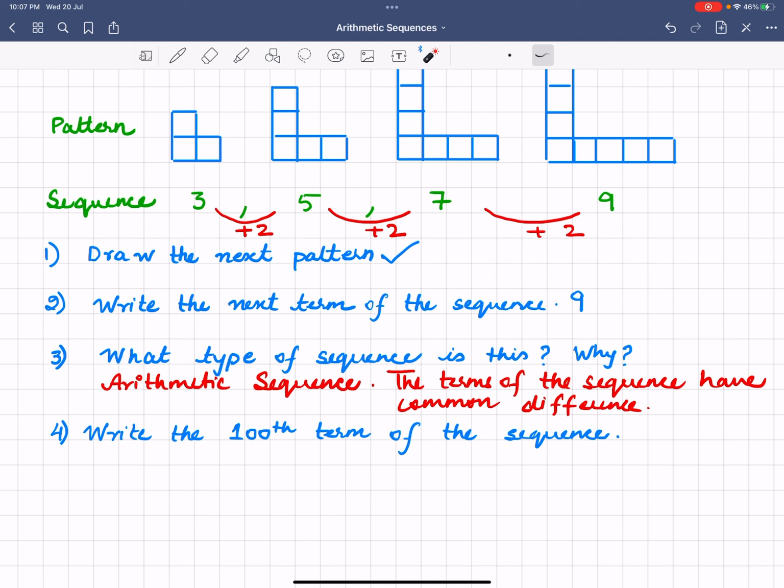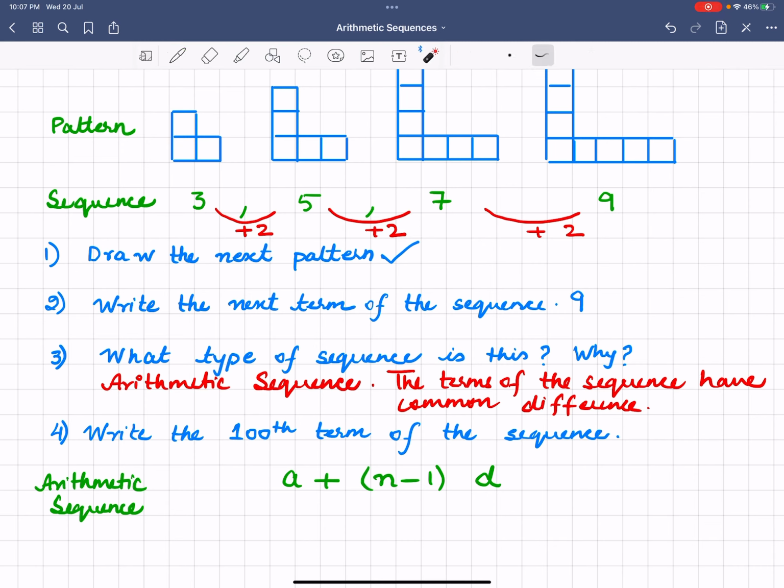We will just use the formula, and as we discussed earlier, the formula is a plus n minus 1 times d. This formula is only for an arithmetic sequence. We cannot use this formula for any other type of sequence.